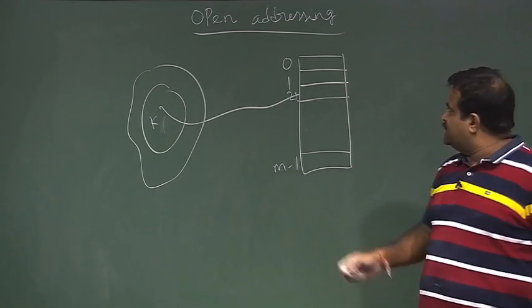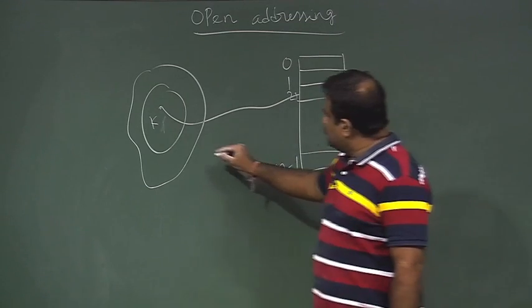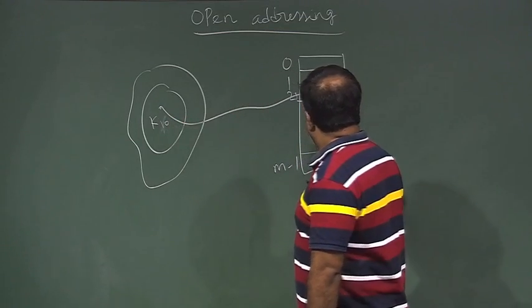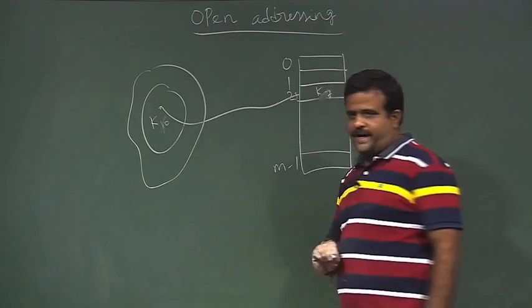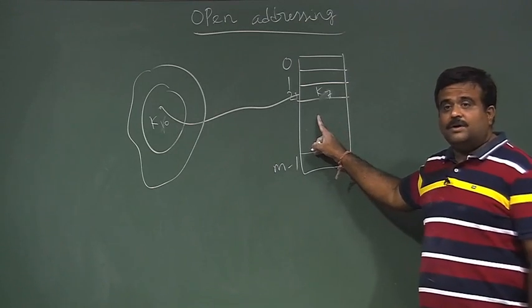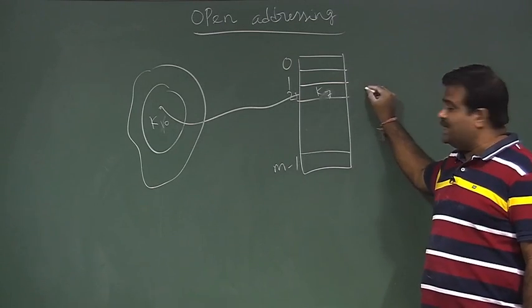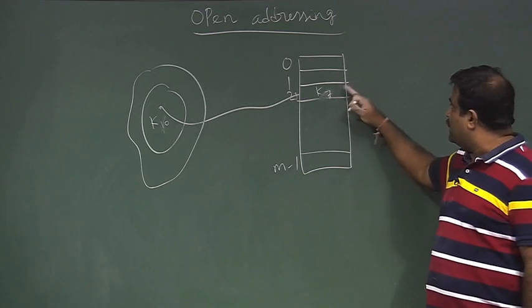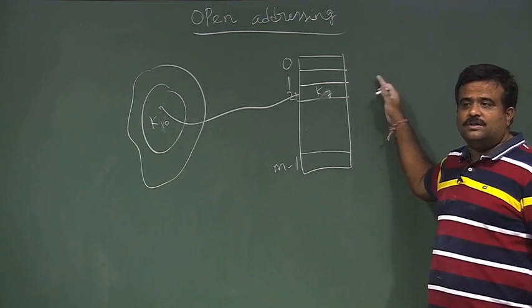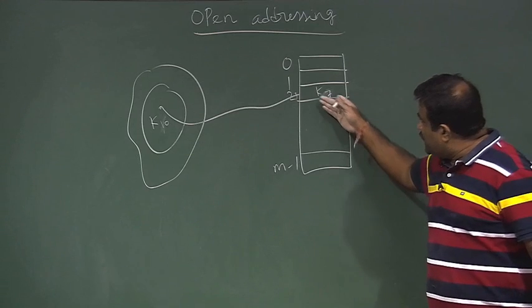But suppose it is hitting a slot which is already occupied, then what do we have to do? We have to search for a next slot, because in the earlier method we had a chain, but here chaining is not allowed. No outside storage is available, so a linked list is not allowed outside the table.